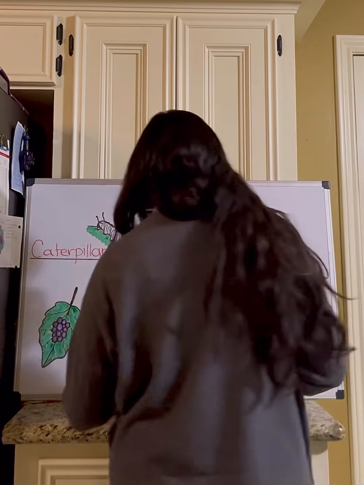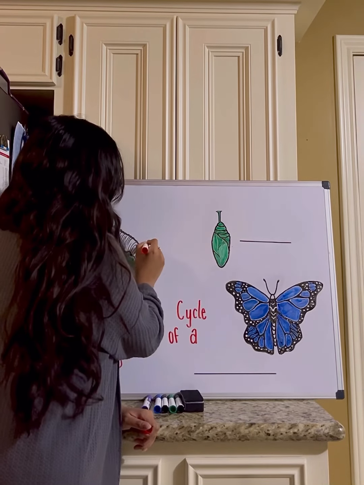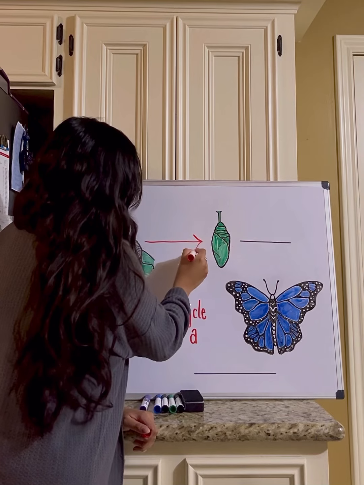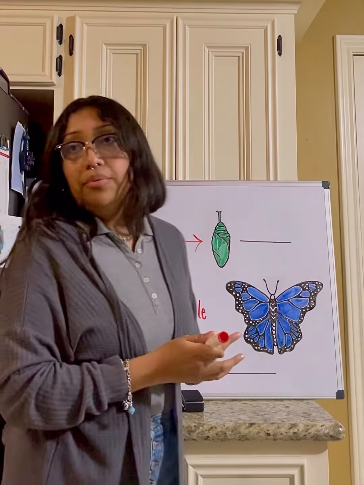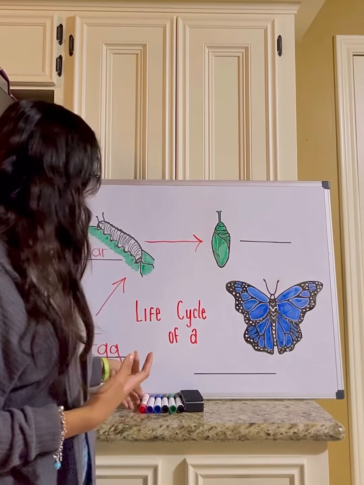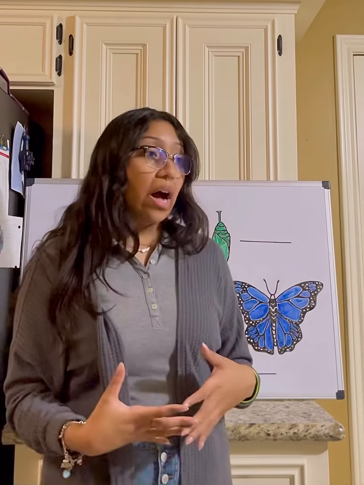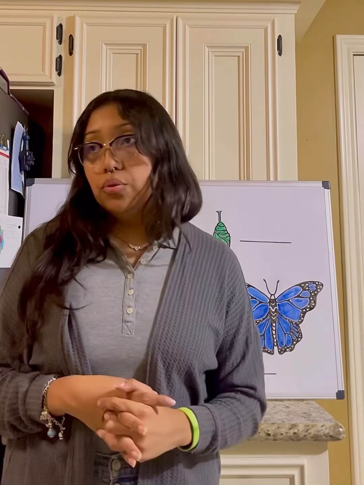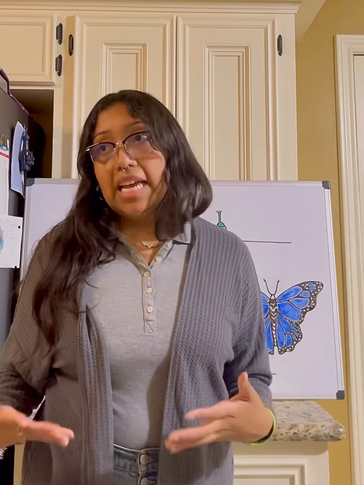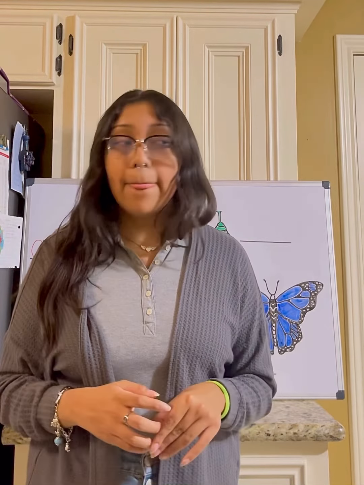So this means that the caterpillar formed a pupa around itself. The reason it did this is it made a kind of shield to protect it while it is getting ready to reach the final stage of its life cycle, okay?